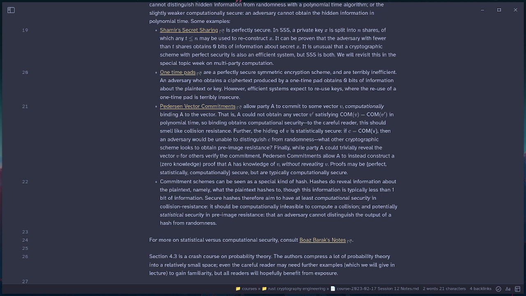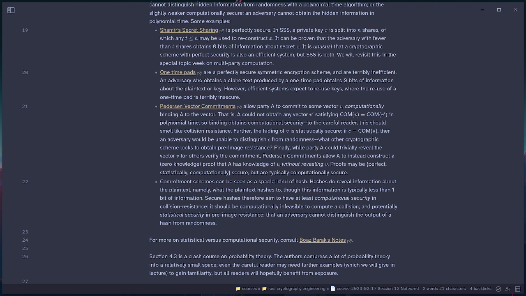And the second type of security that commitment schemes have to analyze is the hiding property. This is that any party that isn't the committer, if they see the commitment, shouldn't be able to get from the commitment back to the pre-image of that commitment. And so this is just pre-image resistance.